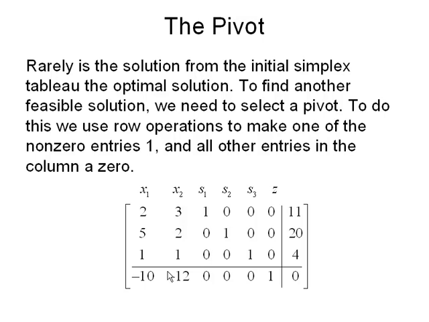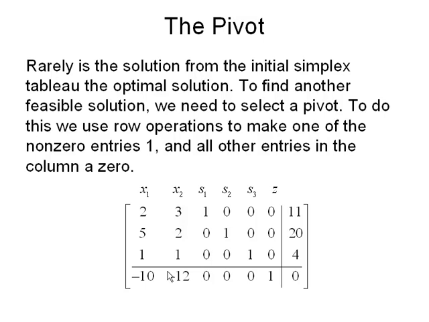So here's our problem. We've got this initial simplex tableau. We can get a basic feasible solution out of it, but it's usually not the one that's optimal. So what we need is a way of going from the basic feasible solution that we're at to another one that might actually have a bigger value of z, because that's what we're trying to maximize.